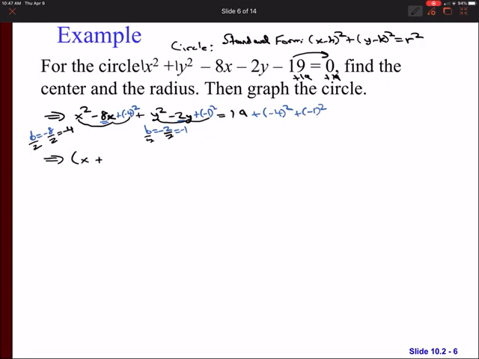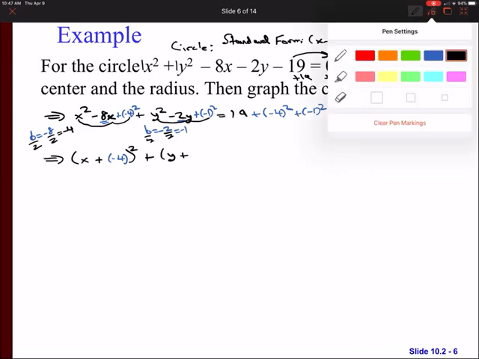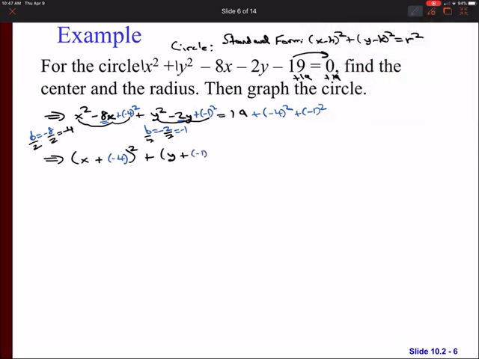So x plus half of b, so x plus -4. If we were to square x plus -4, we're going to get x squared minus 8x plus 16 back. And same thing with the y terms. As we create the square, we have y plus half of b, so y plus -1.